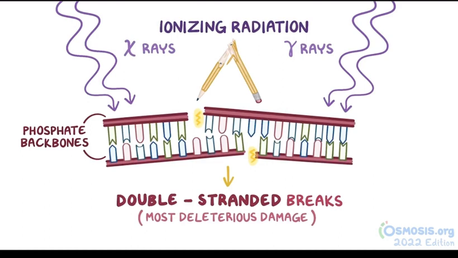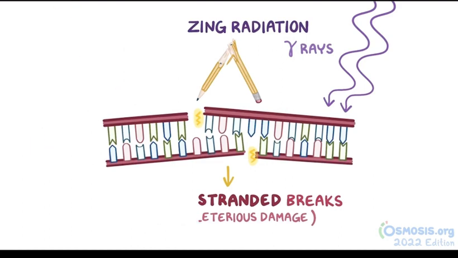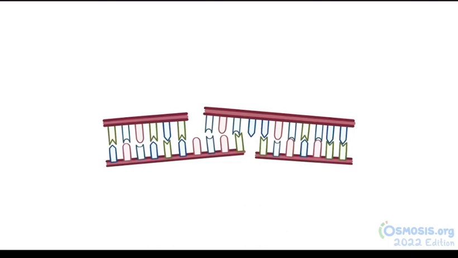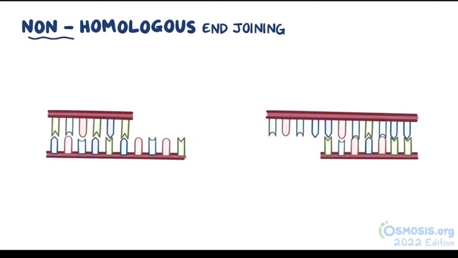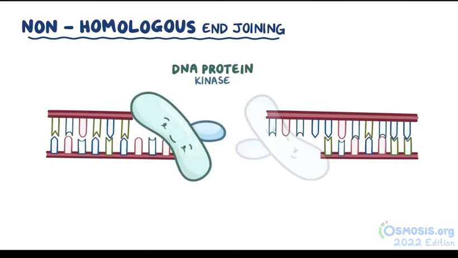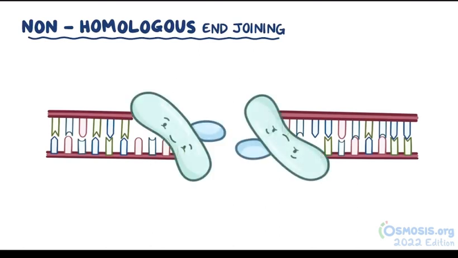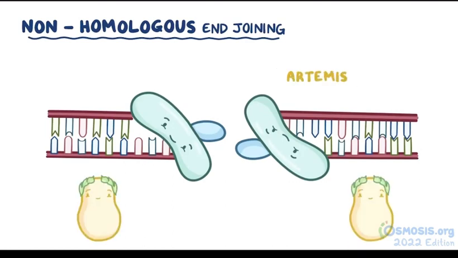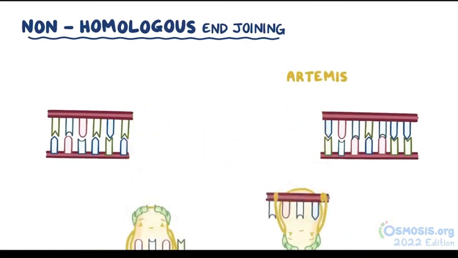Now, to fix double-stranded breaks, there are 2 main repair mechanisms. The most common type is non-homologous end joining, where a protein complex called DNA-protein kinase starts by binding to each end of the broken DNA. Then it recruits another protein, called Artemis, named after the Greek goddess, to cut off the single-stranded ends.